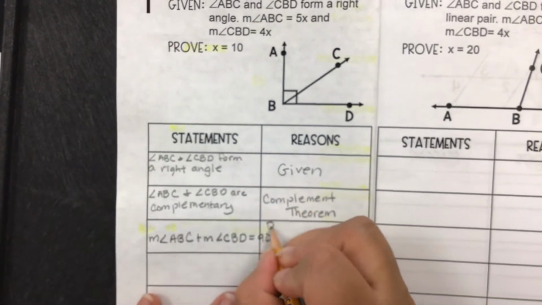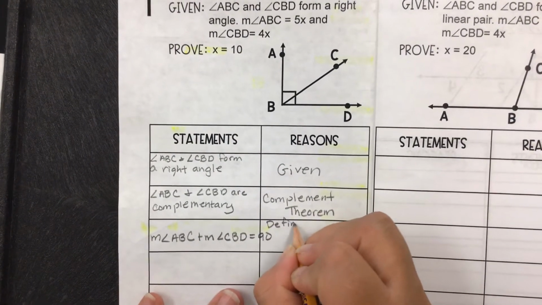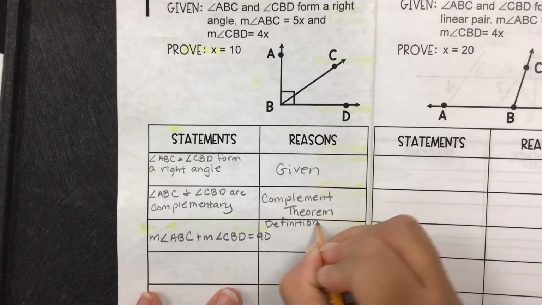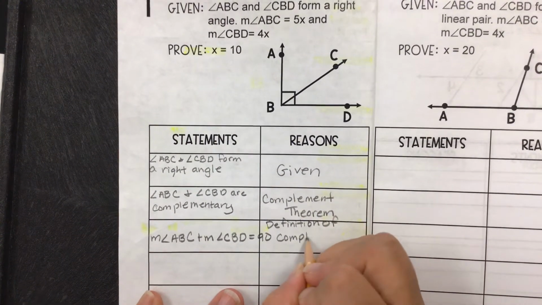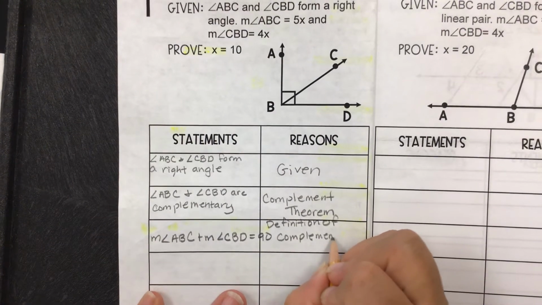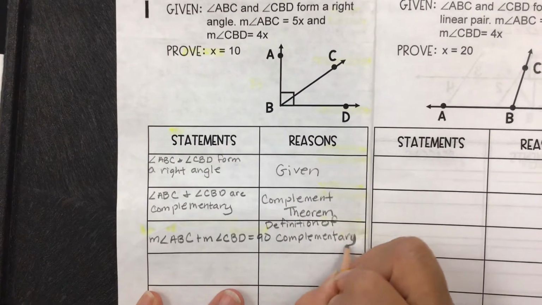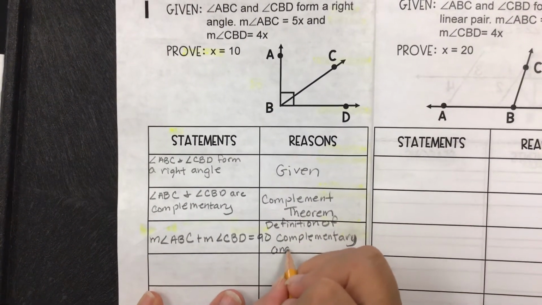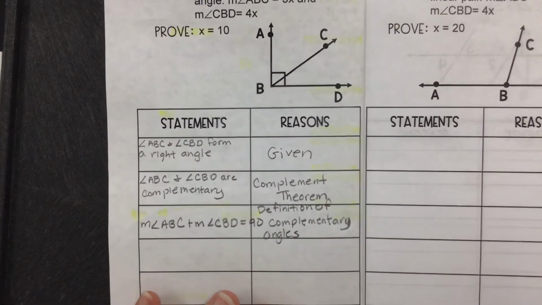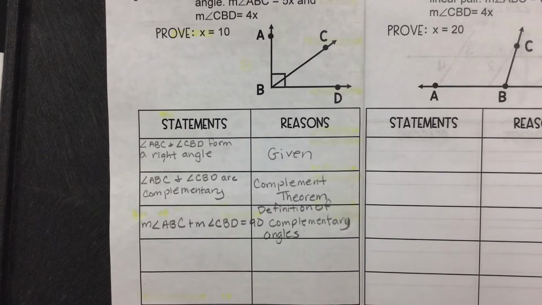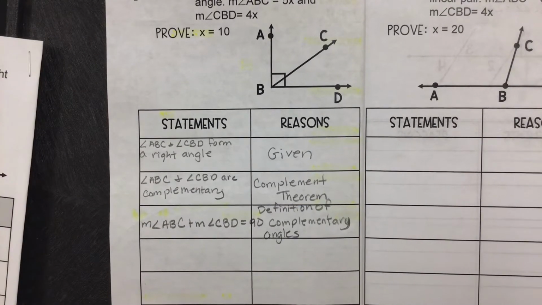And this is by the definition of complementary angles. What that means is that the definition says that they're equal to 90 just by calling them complementary.